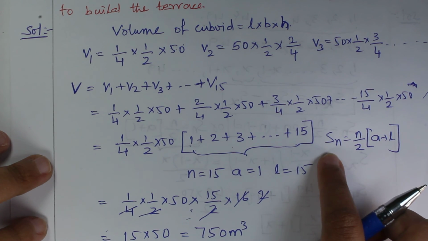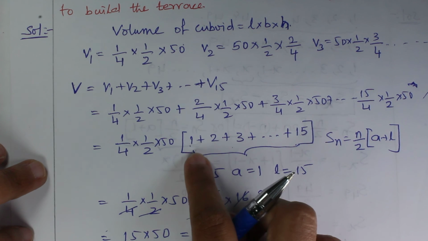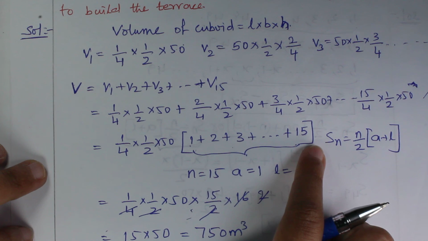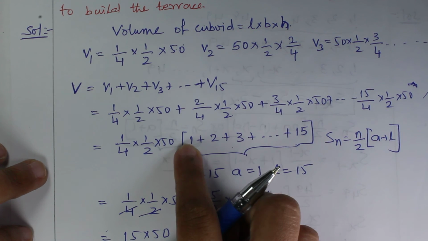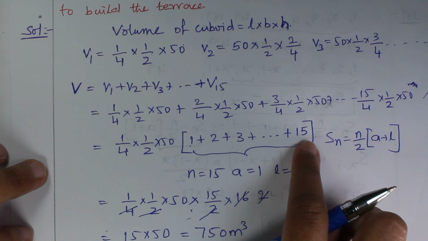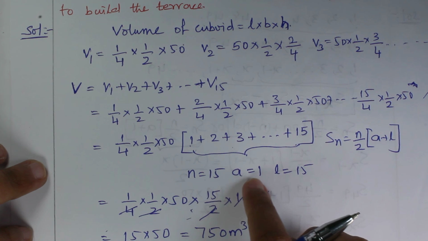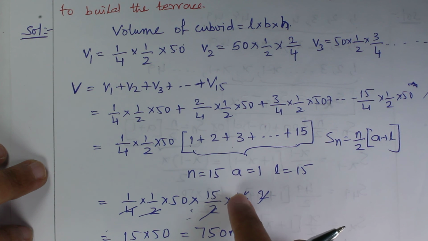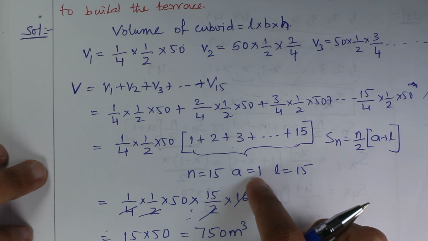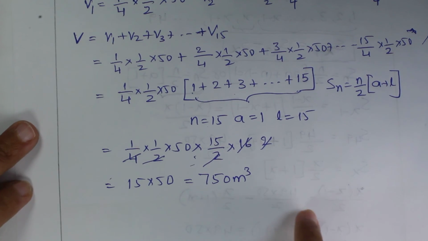I have used the formula Sn is equal to n by 2 into a plus l for calculating the sum of the terms in this bracket. Here n is 15, a is equal to 1, the first term, l is equal to 15, the last term. So n by 2 is 15 by 2 into a plus l, which is 1 plus 15, that is 16. And I got the answer as 750 meter cube.